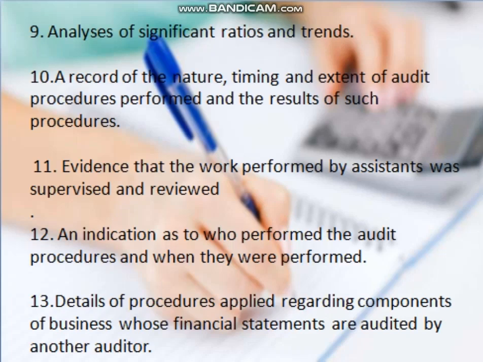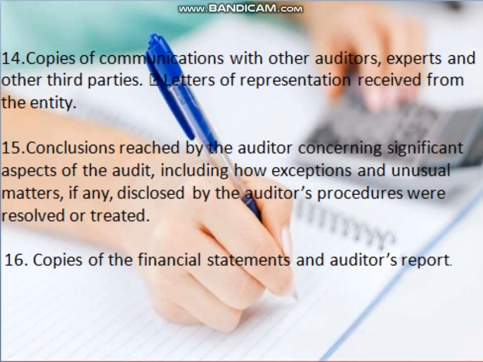It includes details of procedures applied regarding components of business whose financial statements are audited by another auditor. It also includes the copies of communications with other auditors, experts, and other third parties. It includes letter of representation received from the entity.